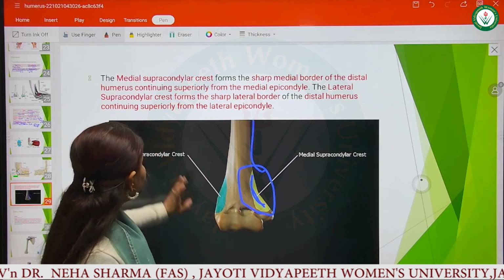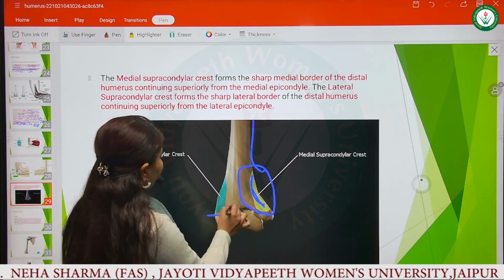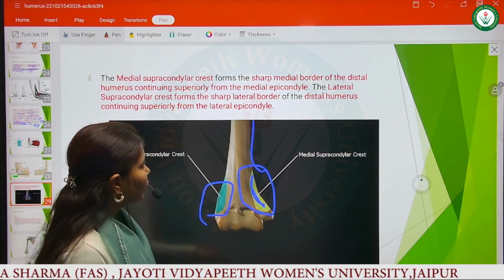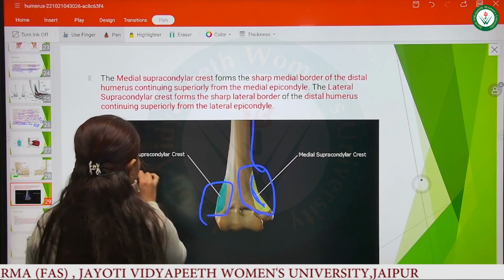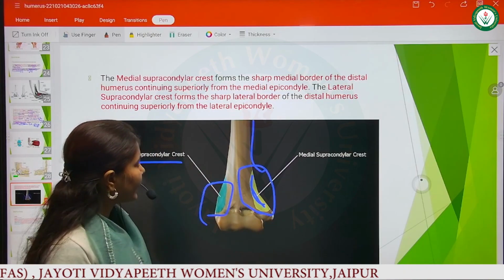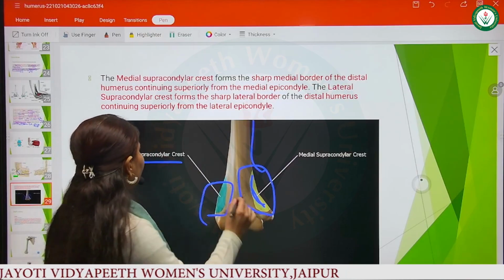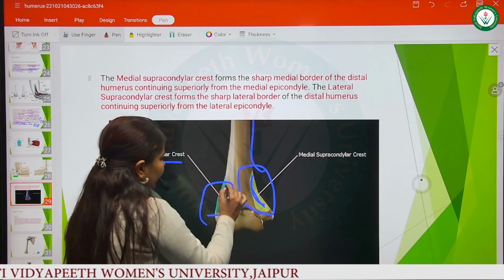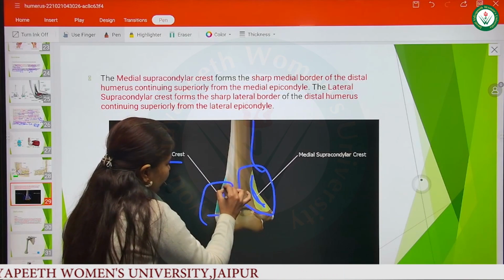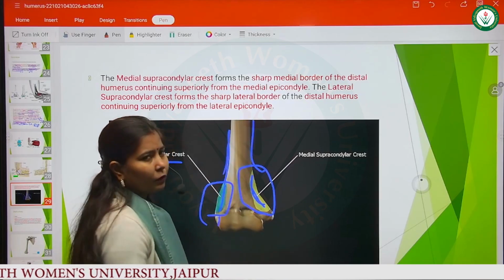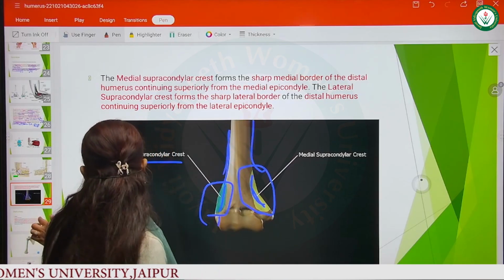The lateral supracondylar crest forms the sharp lateral border of the distal humerus. This is the lateral supracondylar crest, and it continues superiorly to the lateral border of the shaft of the humerus and inferiorly to the lateral epicondyle.